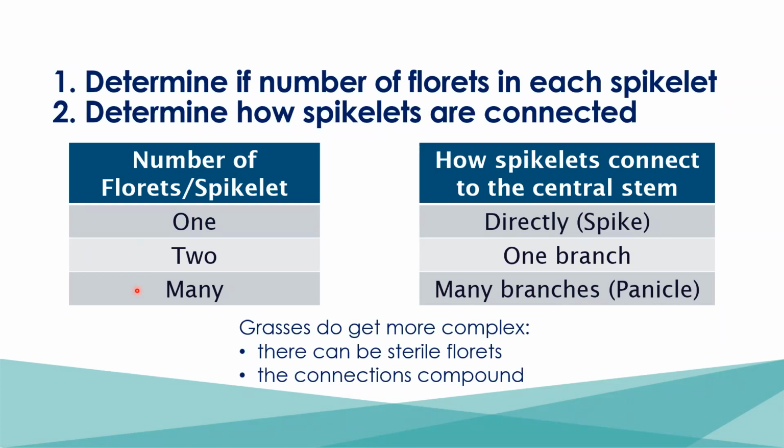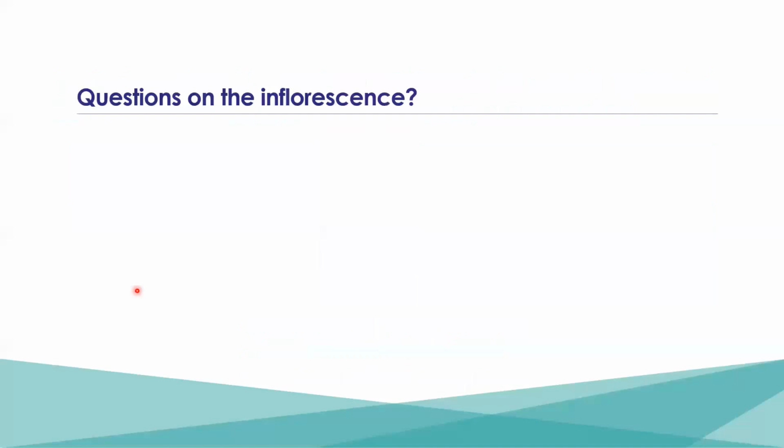Is there one branch, or are there many branches in a panicle? If you are somewhere else and you see something crazy, it's probably still a grass. They get a lot more complex, but for us to keep it simple, we're just going to go with these combinations. I'm going to take a minute here and see if there are any questions.